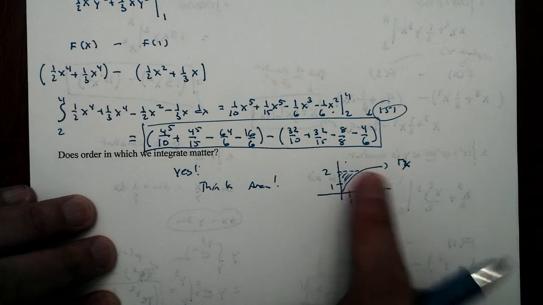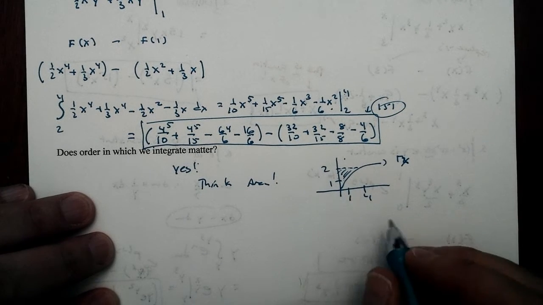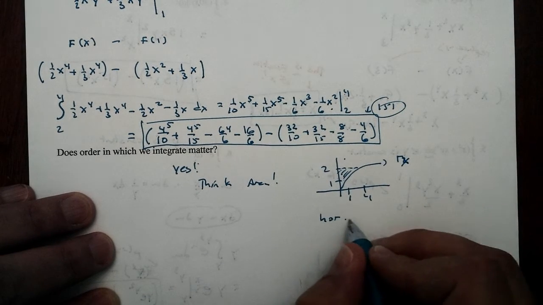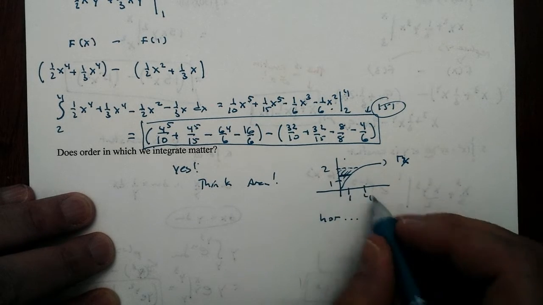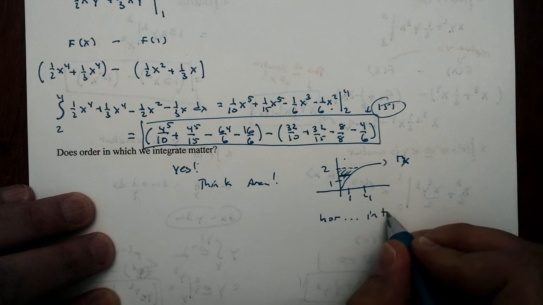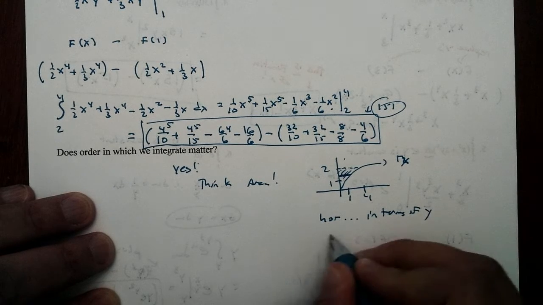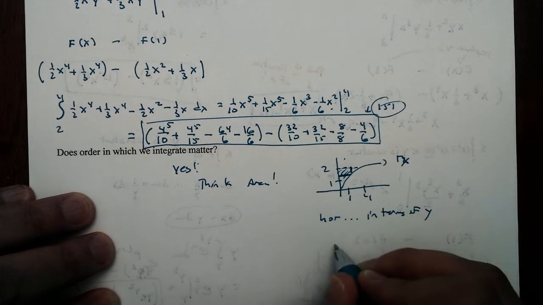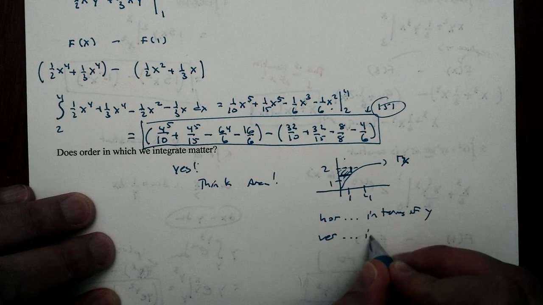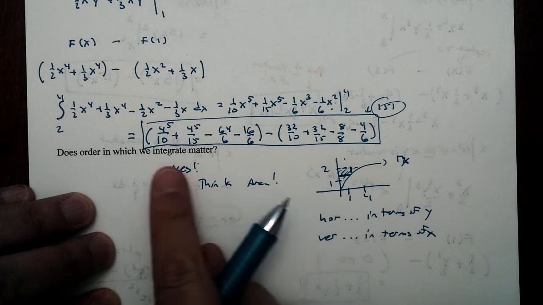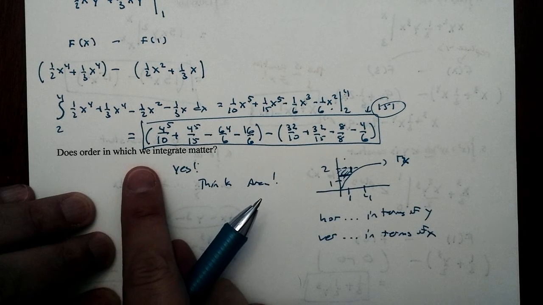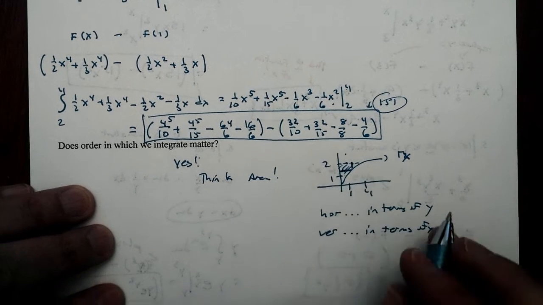If I want to find the area to the y-axis, if I go horizontal, if we did a horizontal rectangle, which we probably should, we are in terms of y. If we chose a vertical rectangle from last year, we had to be in terms of x. So if you switch the order of integration, you have to switch your variables.